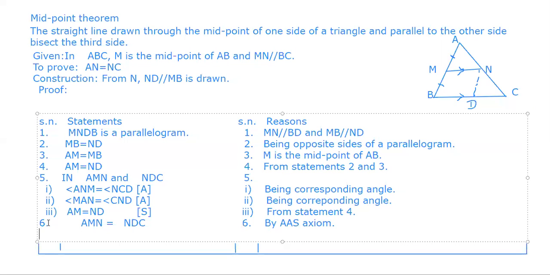Now, after proving they are congruent, we can simply write AN is equal to CN because corresponding sides of congruent triangles are equal.